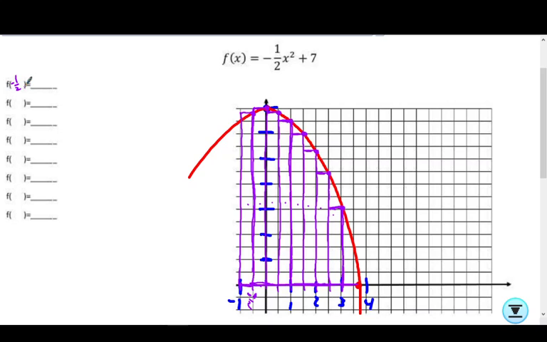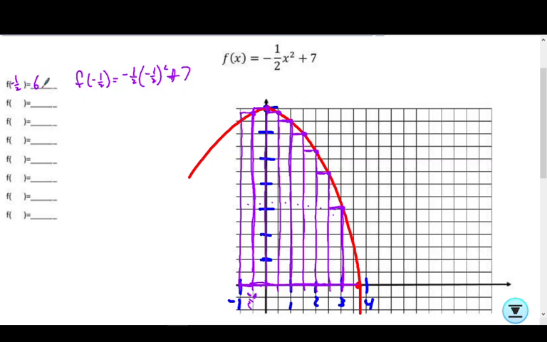So f of -1/2 equals -1/2 times -1/2 squared plus 7. If you have a calculator, that would be the easiest thing to do, just plug them in. Or if you have a graphing calculator, you could plug the function in, go to the table, and make sure the table is set up at 1/2 increments.